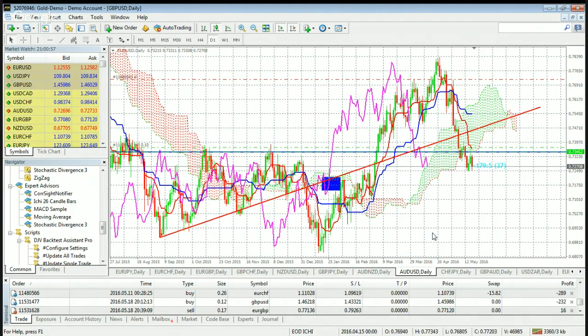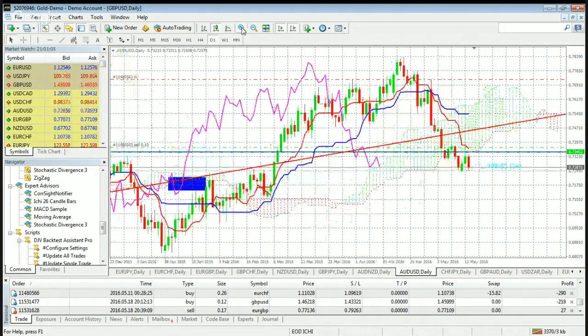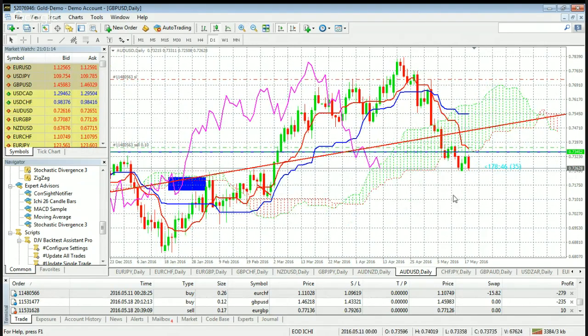No other signals as of yet that I'm seeing. Okay, let me zoom in slightly so we get a bit of a better picture here. There we go. Okay, nice and clear open space still in front of the Chikou. Okay, all that's still running quite alright. So this one again, we just need to give it time. That's it. It needs time.